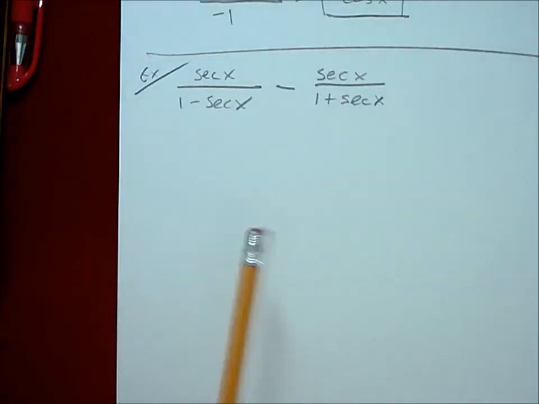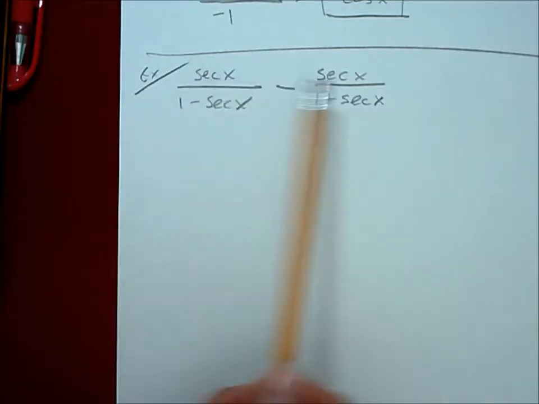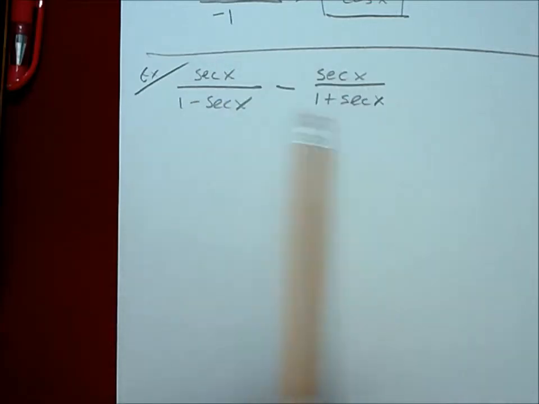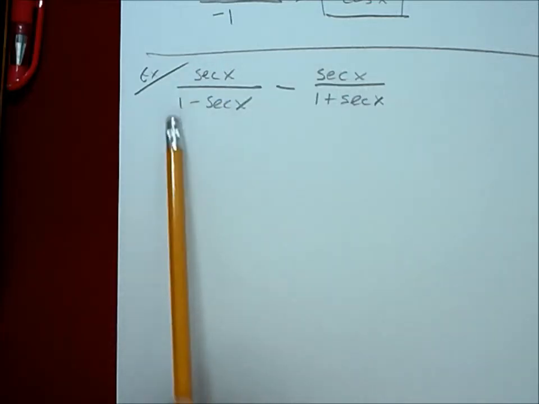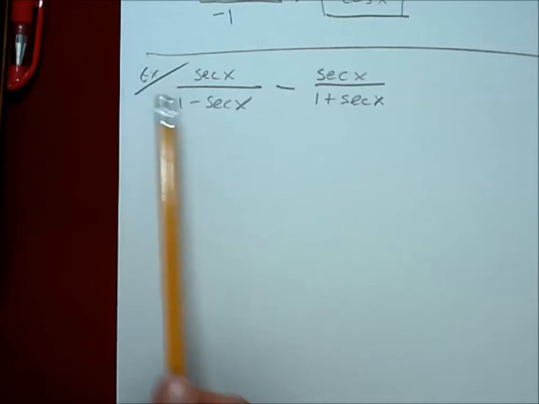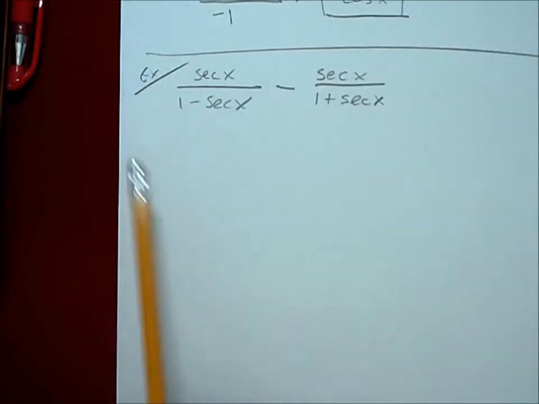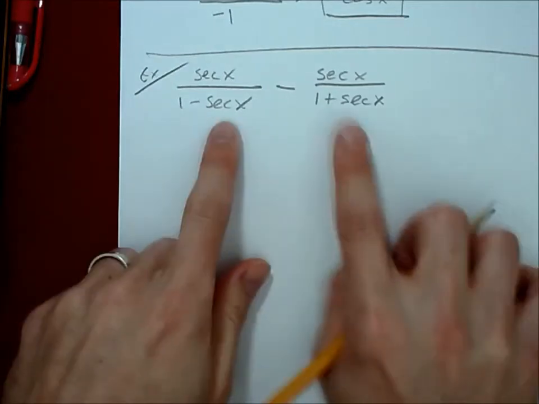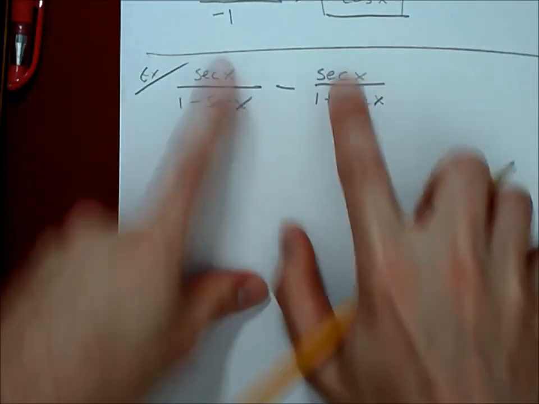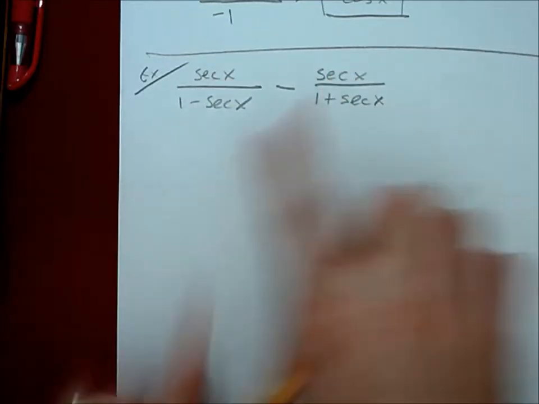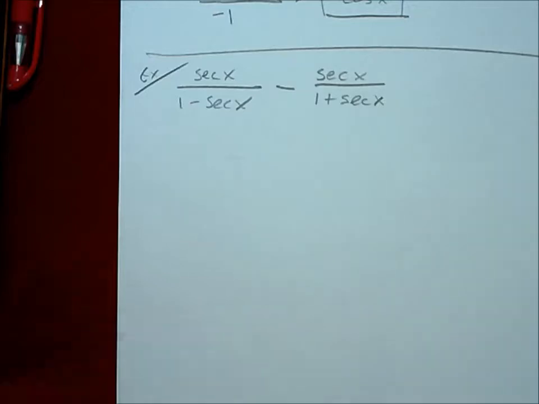Now here, we don't have sines and cosines, but everything is already written as the same trig function. They're all written as secants. So here, it actually wouldn't help to start off by changing everything to sine and cosine, because we really don't need to do that to compare these different quantities. They're all in the same terms already. So if we have a bunch of different trig ratios, we want to turn them into the same trig ratios, sine and cosine.